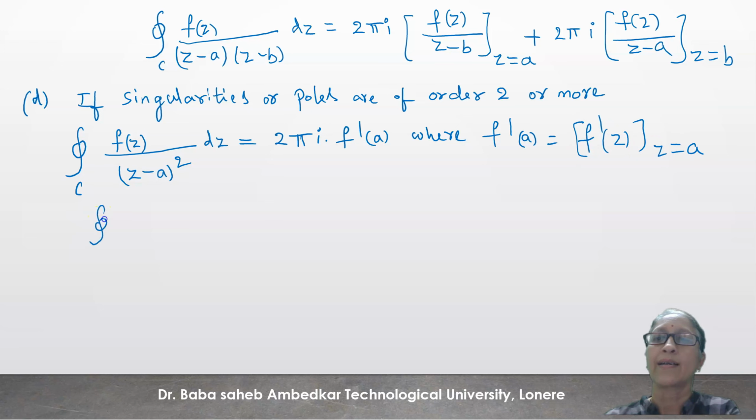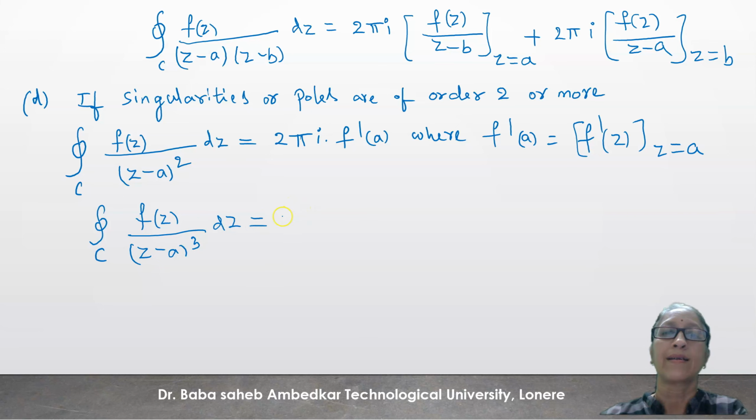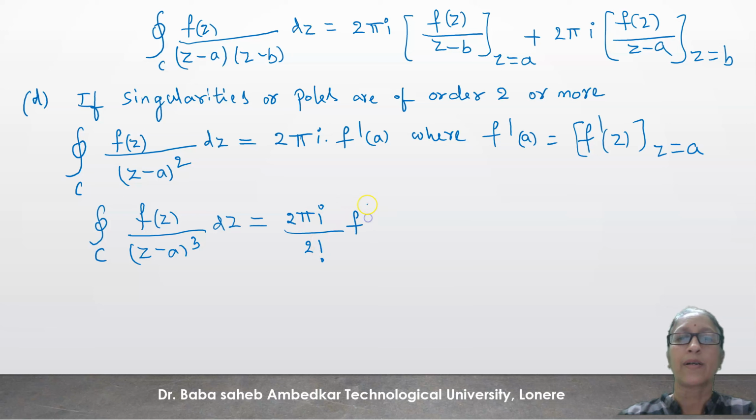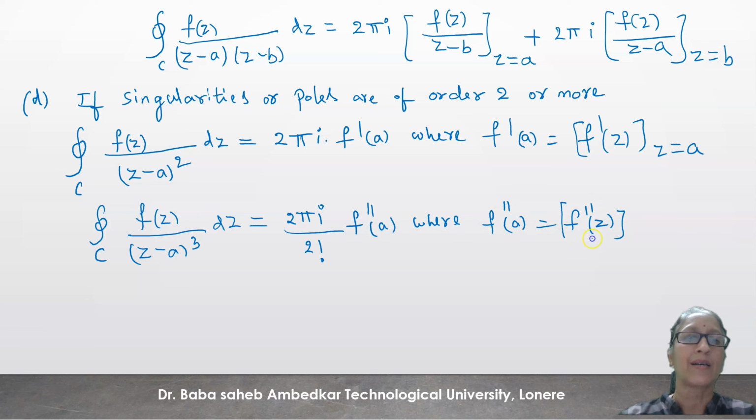Okay, and if this order is 3, (z minus a) whole cube dz, then you get here 2 pi i upon 2 factorial into f double dash of a, where f double dash of a is nothing but the value of f double dash of z at z equal to a.